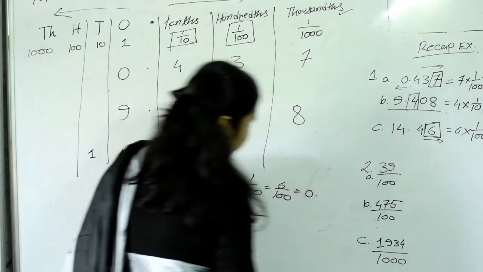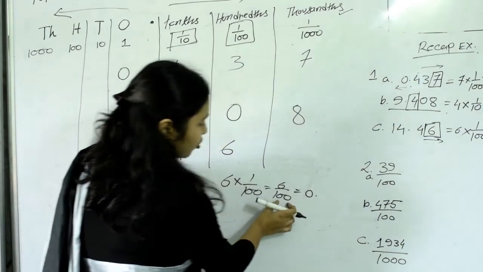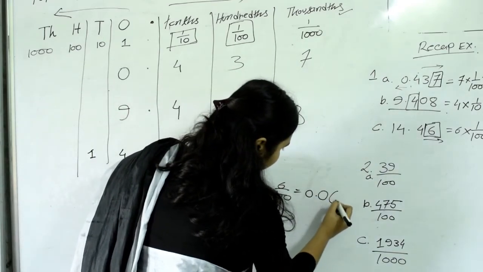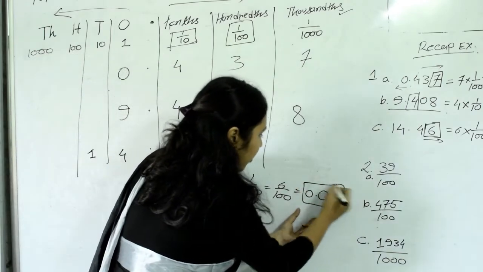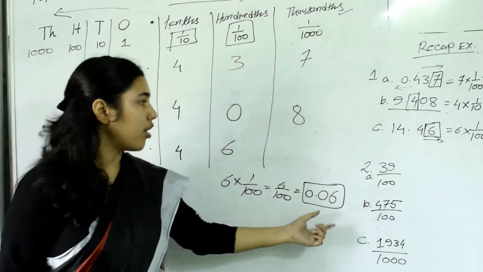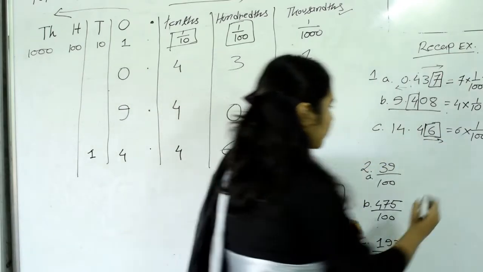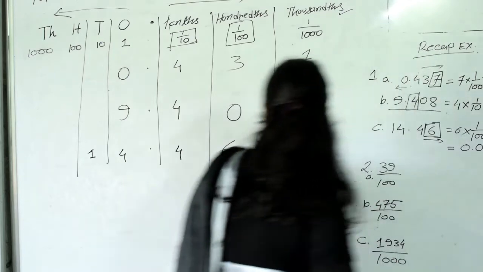So insert the decimal point at 2 decimal places. So take 1 0 and 6. So this is the place value of this digit 6, in this point, 0.06.